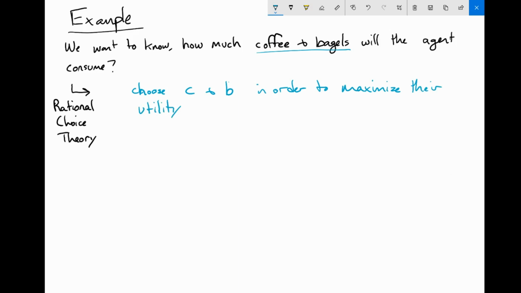So if I want to know how much coffee and bagels they're going to consume, that means I need to maximize their utility function. I need to find C and B that maximize their utility function subject to their budget constraint.